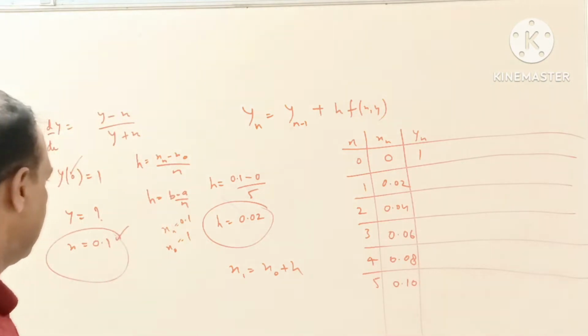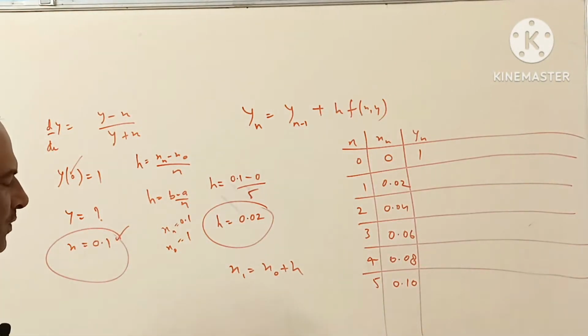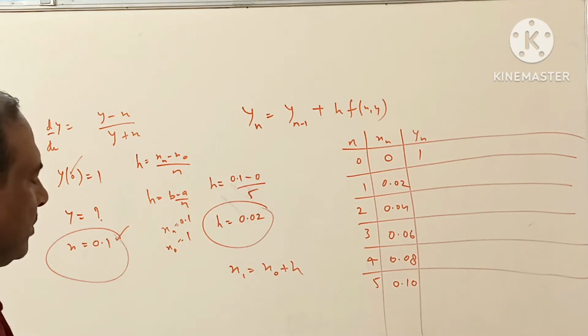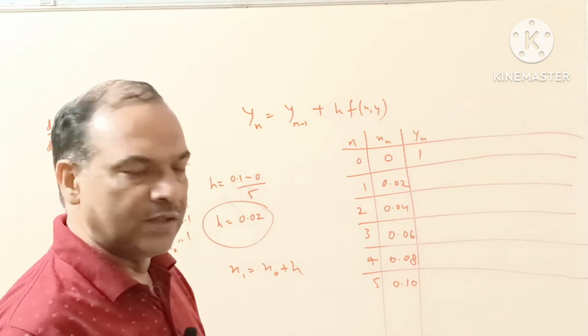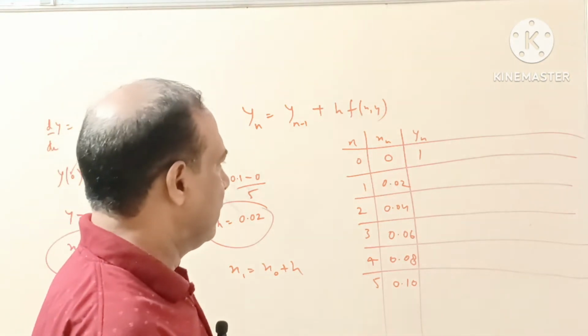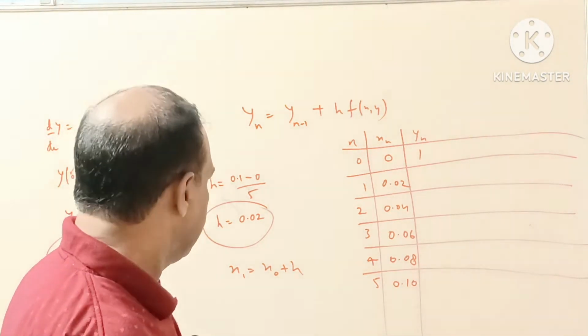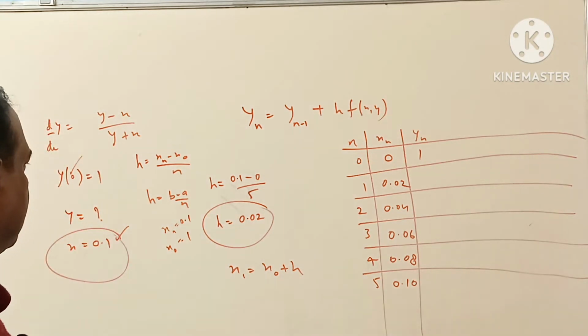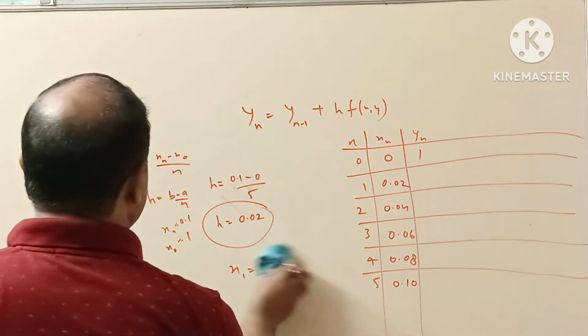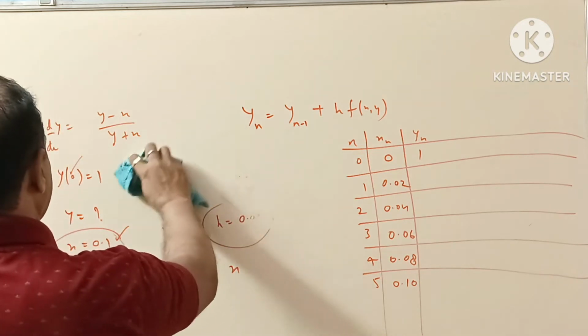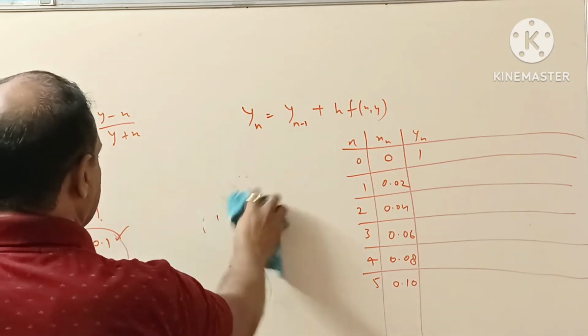This is the value of x_5, which is x_n. Now when n is 5, you have 0.10, and you have to find the corresponding value y_5. Now we have to start with all the things, and I am just rubbing out the middle part, which is not required further.